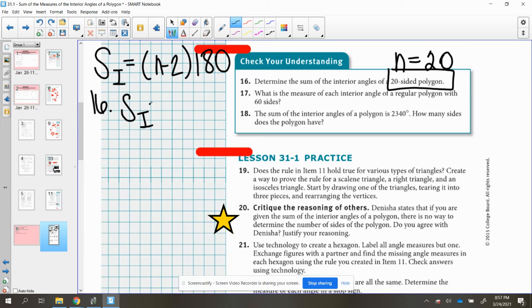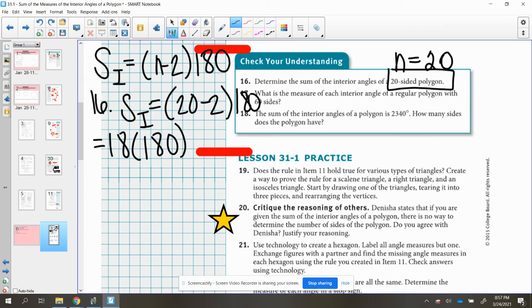So the sum of the interior angles is going to be, this time, 20 minus 2 times 180. So 18 times 180 is going to be 3,240 degrees.